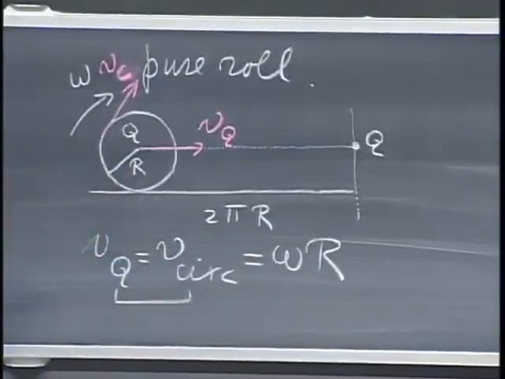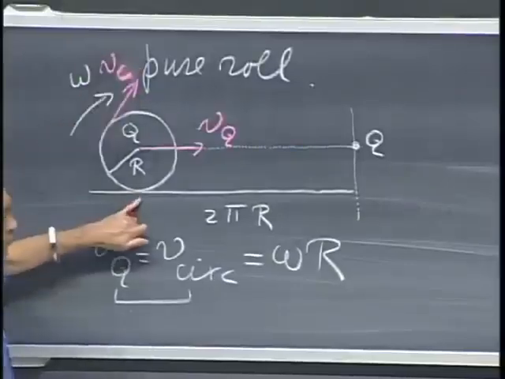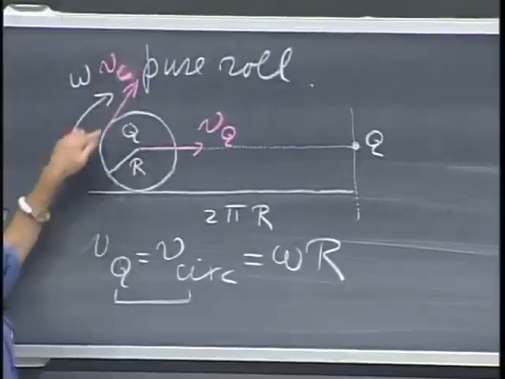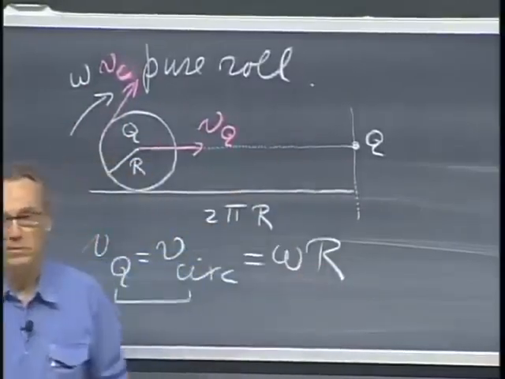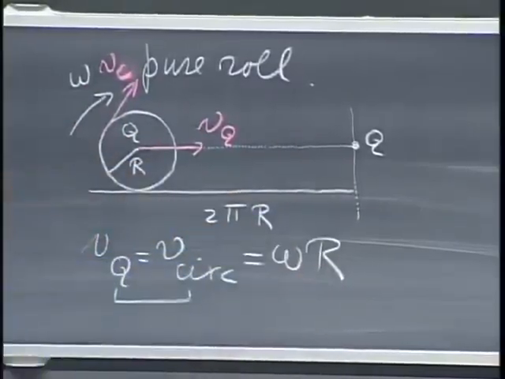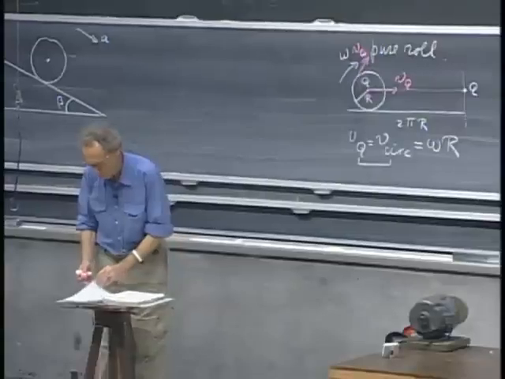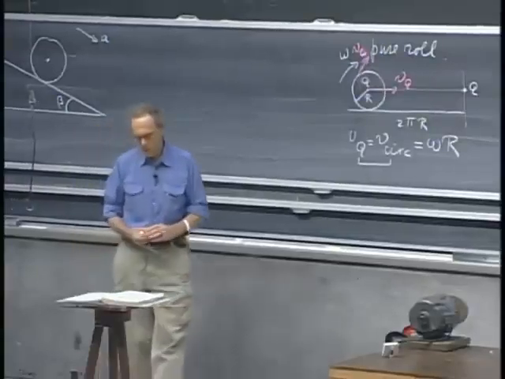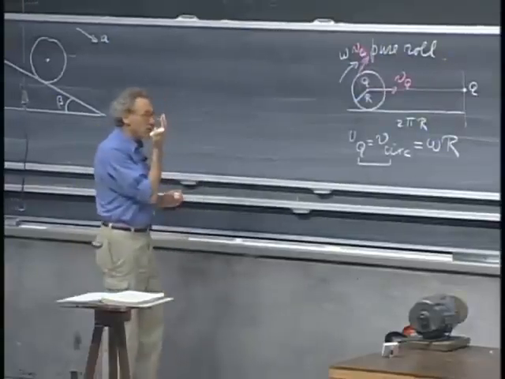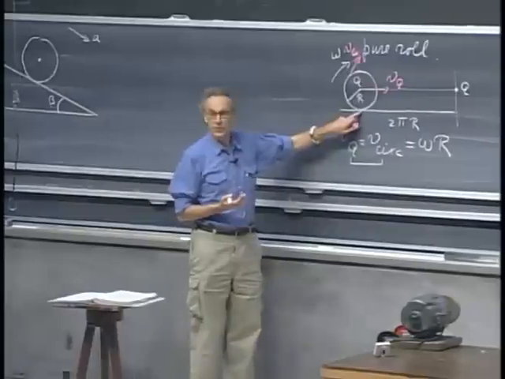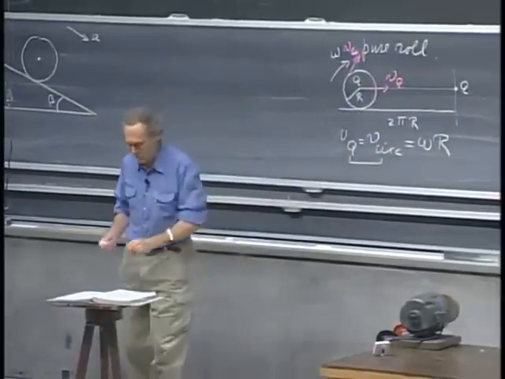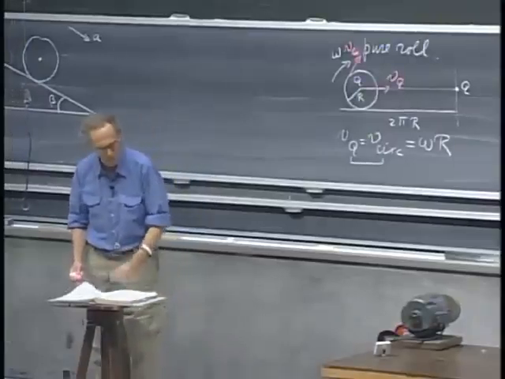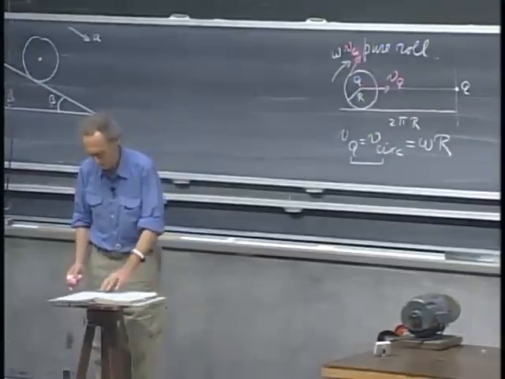You can easily imagine that if there is no friction here, the object could be standing still, rotating like crazy, but Q would not go anywhere. So then we have skidding and we have slipping, and then we don't have the pure roll situation. If the object is skidding or slipping, then the friction must always be a maximum here. If the object is in pure roll, the friction could be substantially less than the maximum friction possible.